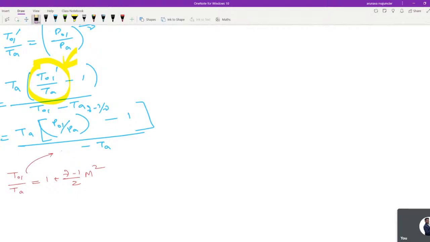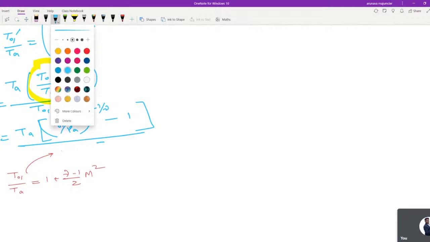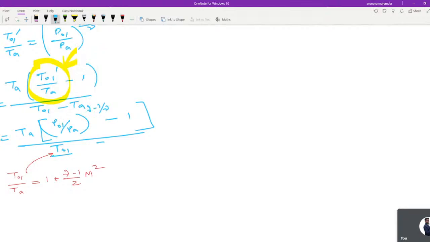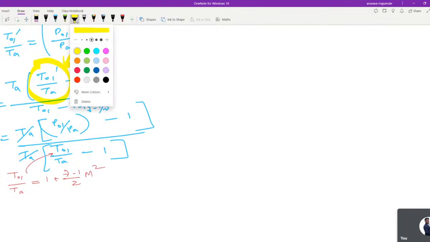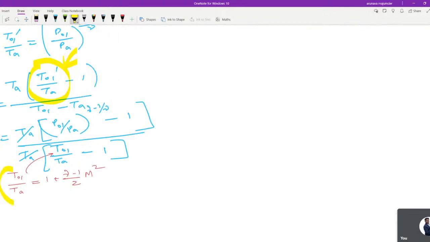What you can do, take T naught 1 common again by Ta minus, you can take Ta common, this Ta will get cancelled off. This value is substituted over here, right? If you substitute, you will get P naught 1 by Pa to the gamma minus 1 by gamma, minus 1. Then here, if you substitute, you will get gamma minus 1 by 2 M square.